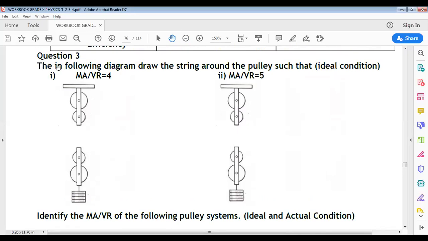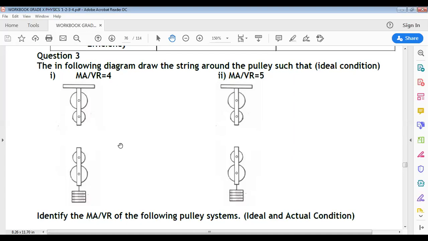It says that in the following diagram, draw the string around the pulley, talking about ideal condition, such that your MA or VR is 4. And here you have to arrange it in such a way that your MA and VR is 5. Identify MA and VR. Now, this is our assignment. All of you, please take your notebook and draw this. And let's find out how to do the winding of the strings around it.